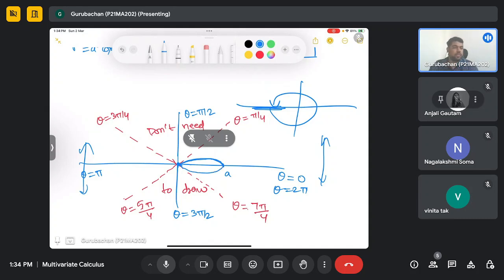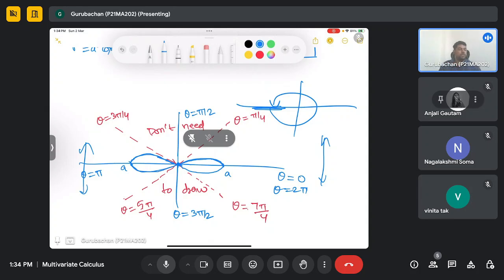Now the next point is that it is symmetric about theta equal to pi by 2. So for theta equal to pi by 2, it will be like this. Since we are talking in terms of r, it will again be positive a. Now it is also symmetric about the pole, and since it is symmetric about the pole, it will be like this.